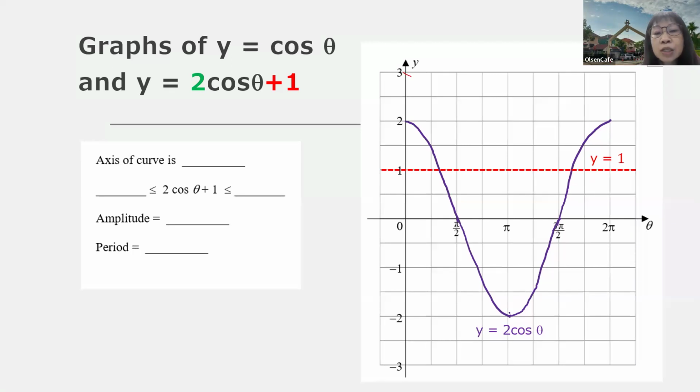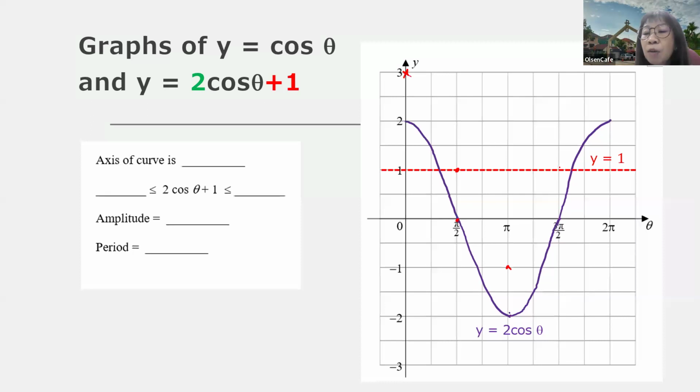So what you will notice is that every point from the original graph will actually increase by 1. Say I start off with 2 here, this point, the value of y will increase by 1. If I take a look at another key point, which is here, this point add 1 will become here. And the lowest value, -2, if I add 1, it will give me here.